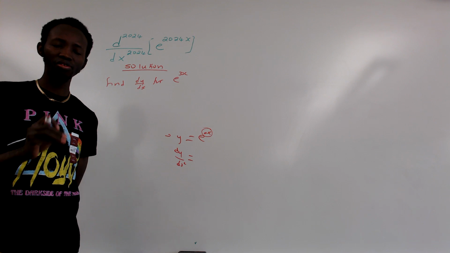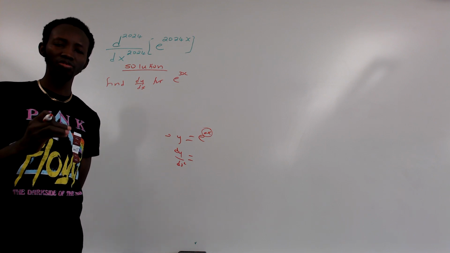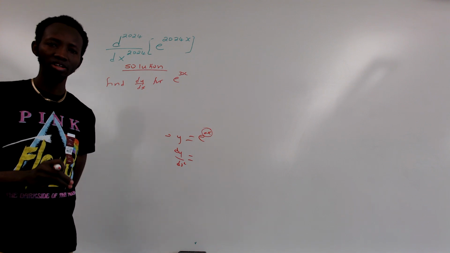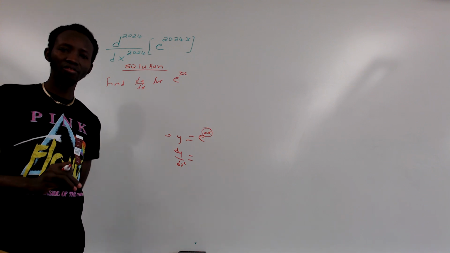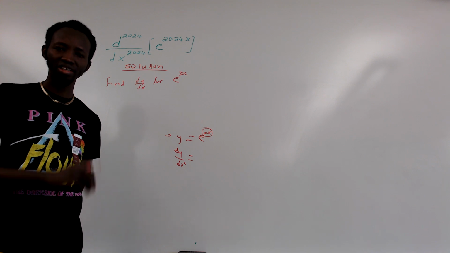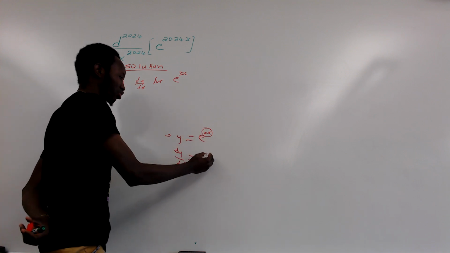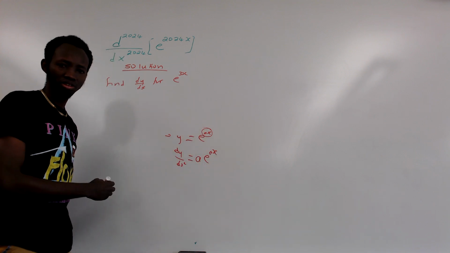So if you differentiate 5x, the answer is going to be 5. If you differentiate 2x, the answer is 2. If you differentiate kx, the answer is k. So if you differentiate ax, the answer is a, and you multiply it by the original function.